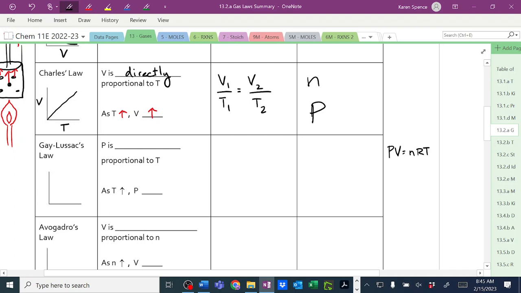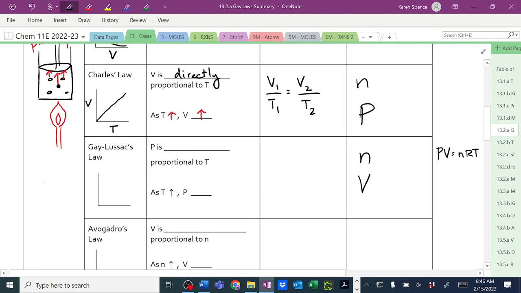Therefore, what do we need to keep constant? n and V, which means this time there is no movable piston. This time we have a little box, and it does not have a movable piston, and now we're going to heat it.